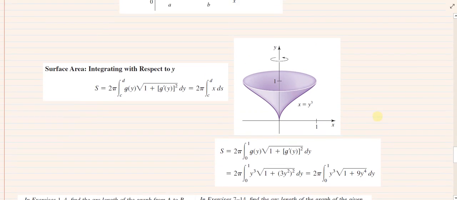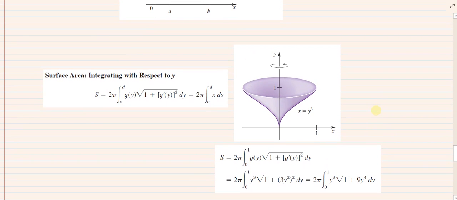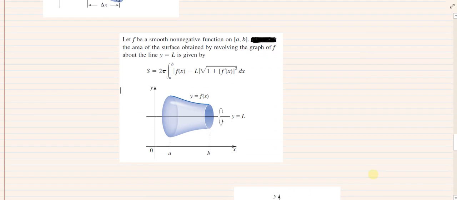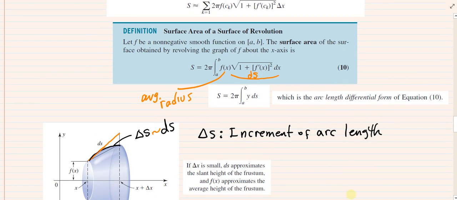Oh, we're almost near the exercises. So if you revolve with respect to y, the formula we saw up here was rotation with respect to the x-axis. That's revolving about the x-axis, and this is going to be like the y here. So it's going to be 2 pi, and then you multiply times y, and then the differential of arc length. y is the distance to the axis of rotation.